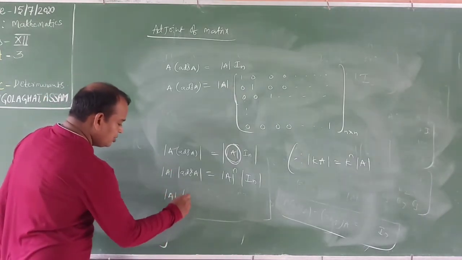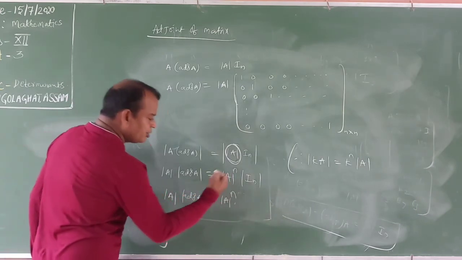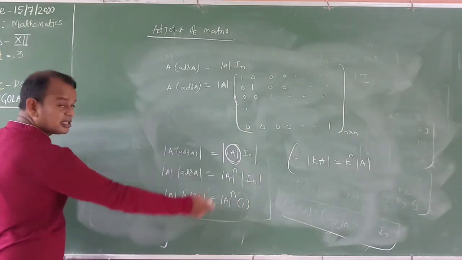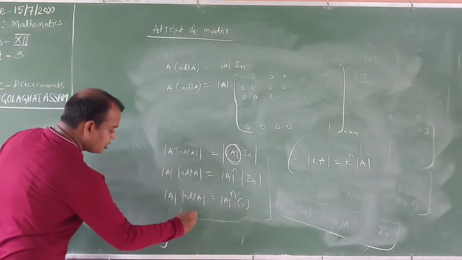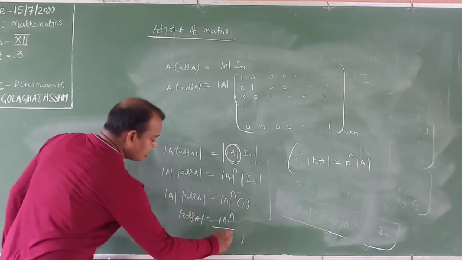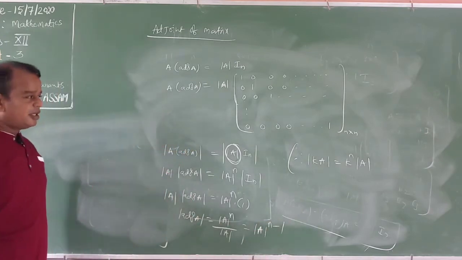So det A into the determinant of adjoint of A is equal to det A power n. Moving det A to the other side, the determinant of adjoint of A is equal to det A power n by det A, which equals det A power n minus 1.